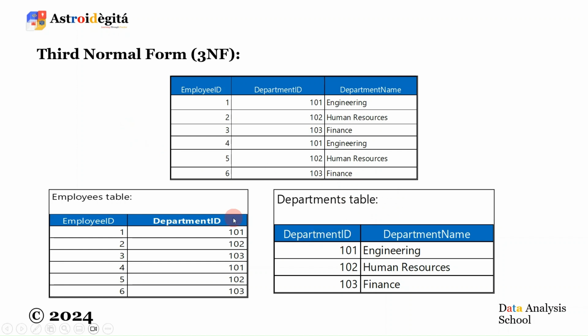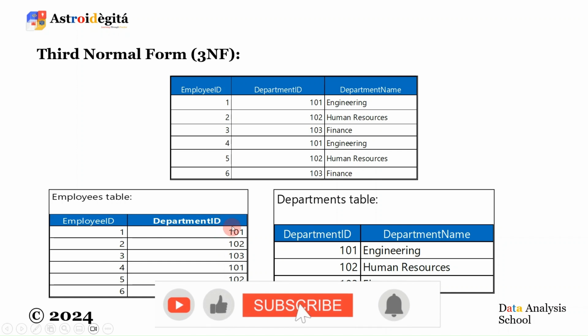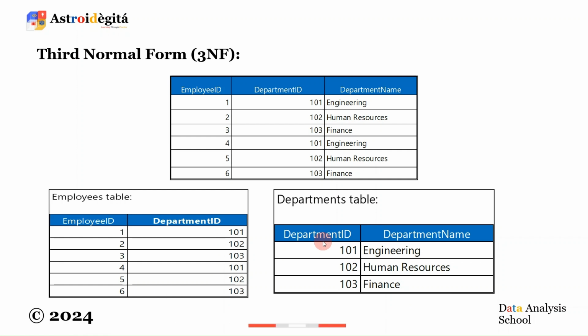The employees table is linked to the department table via the department ID column, which is a foreign key in this employees table referencing the primary key in the department table.